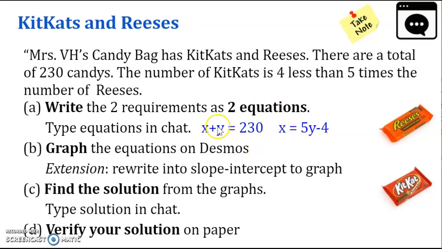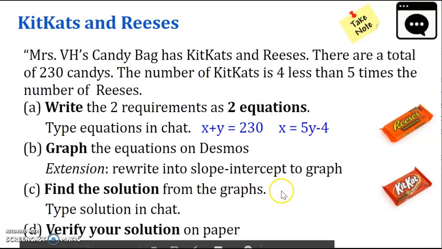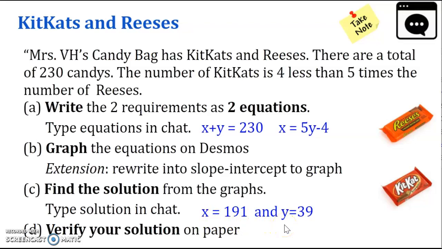Okay, so then you put that in and come up with the solution, and you get your solution to be x is 191 and y is equal to 39.